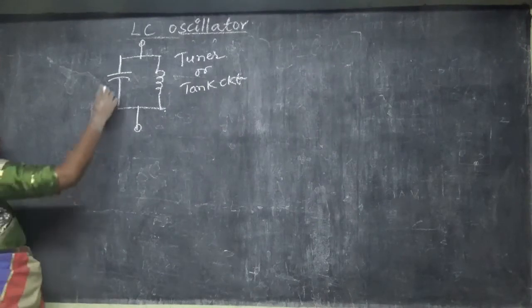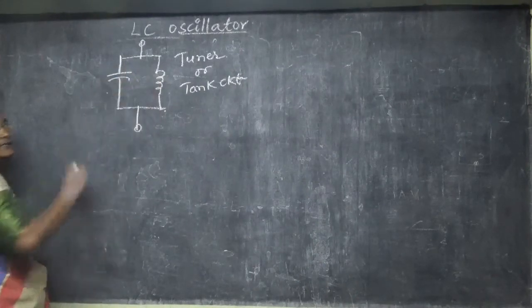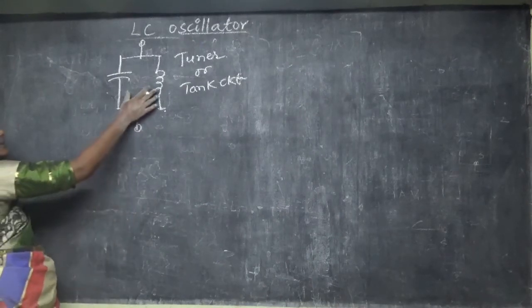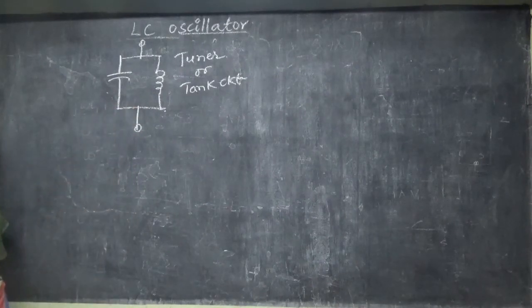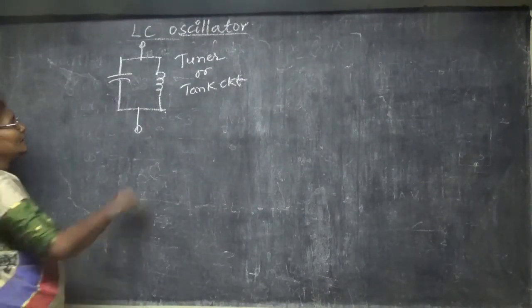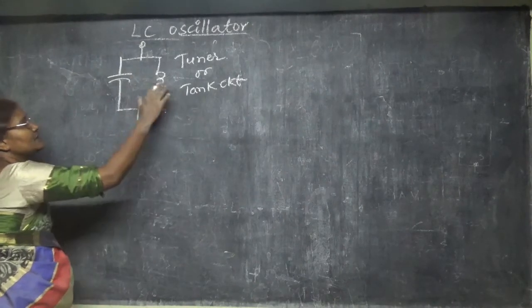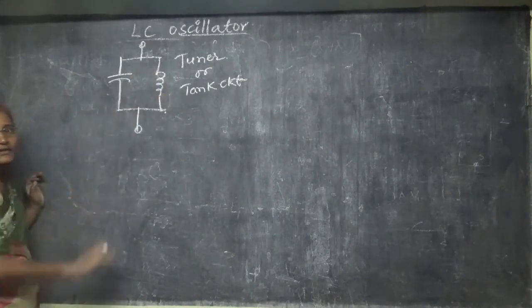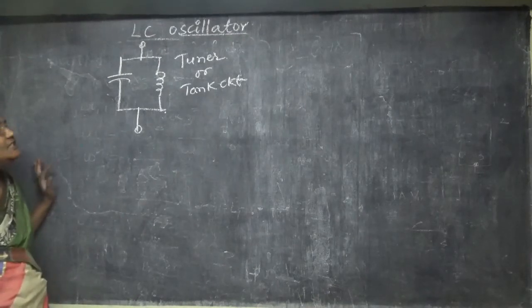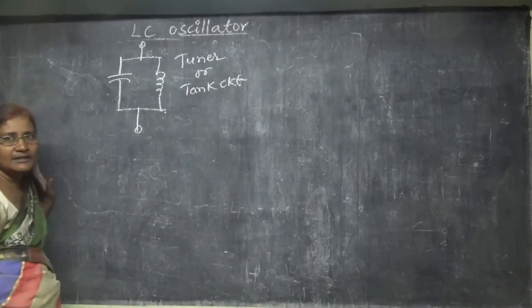And you know that capacitor and inductor are both energy storing devices. Now we are going to learn the tuner or tank circuit, which is going to be used in radio communications, which is a frequency selectivity circuit.